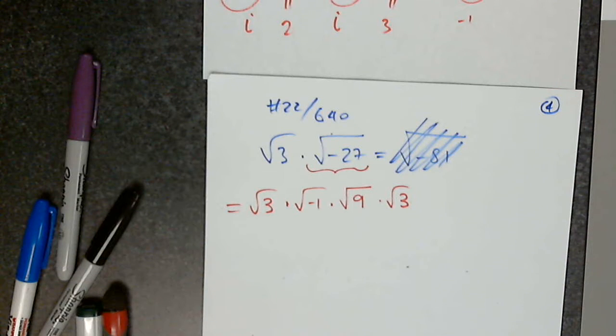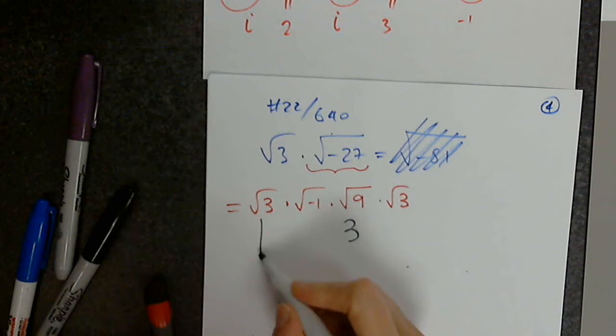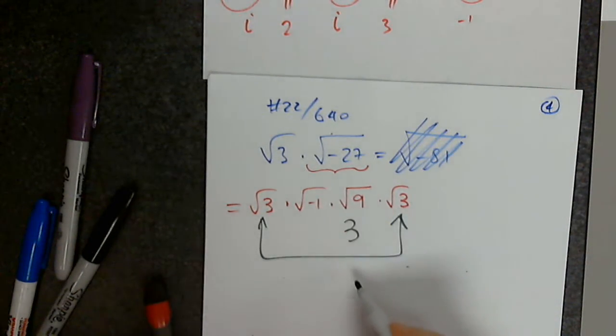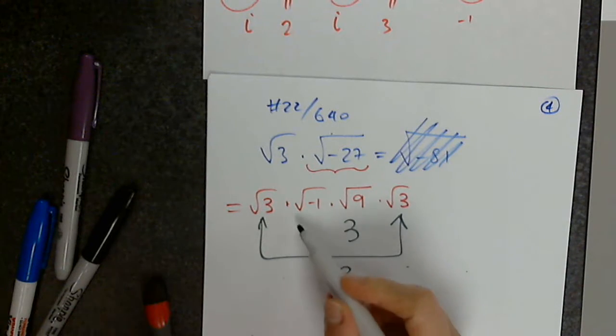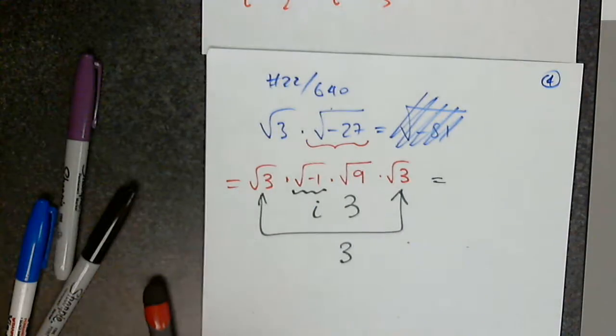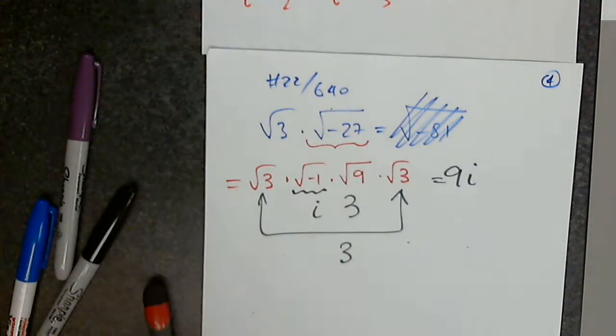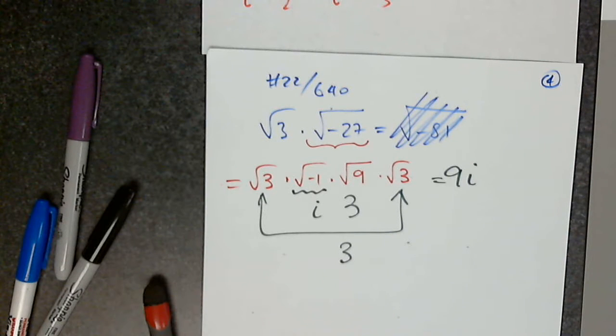So I split 27 in 9 and 3 so I can simplify. So how much is the square root of 9? How much is this product? Exactly. How much is this? Good. So what is the answer? Very good.